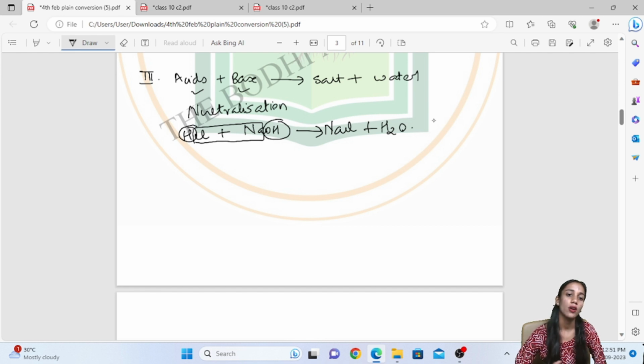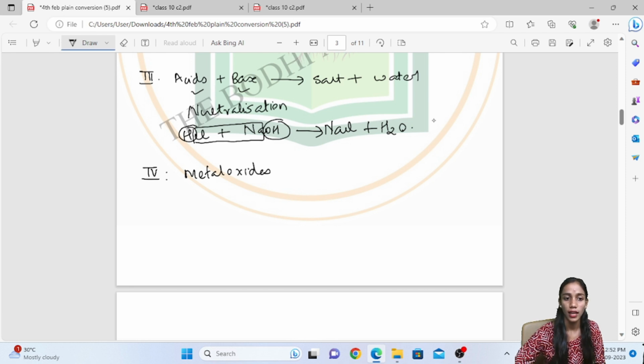Now the next reaction is with metal oxides. It was observed that metal oxides react with acids.